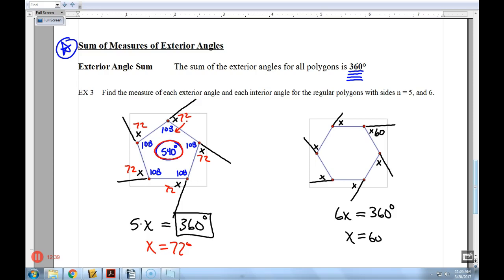When I work my way in, subtract from 180, I get 120 for each interior angle. And when I do 120 multiplied by 6 angles, that will give me the grand total inside. So I'm showing you how to find the sum of the interior by first finding exterior angles and working your way inside. I don't really care which method you go. It's totally up to you.